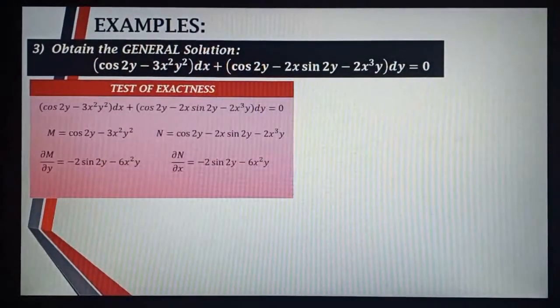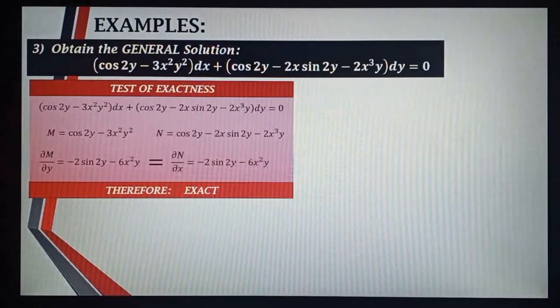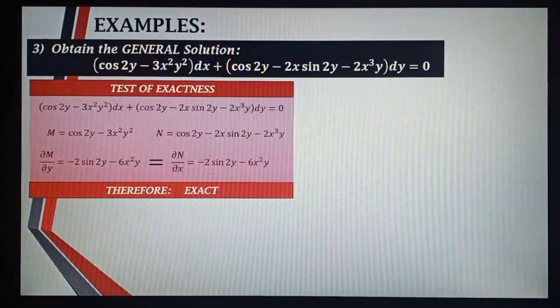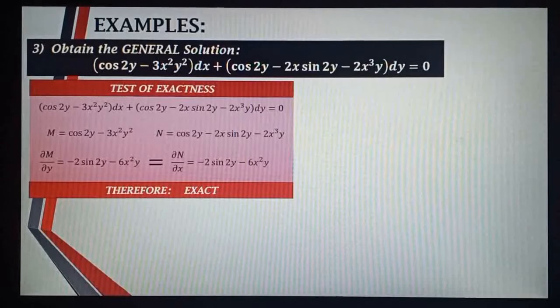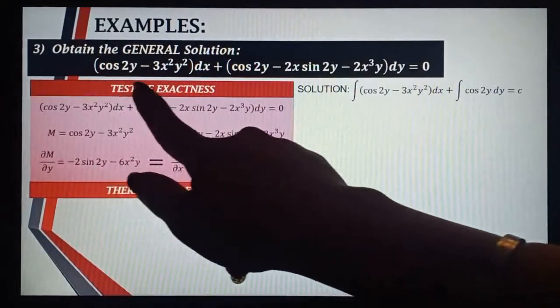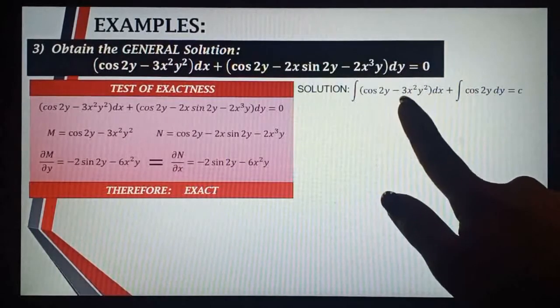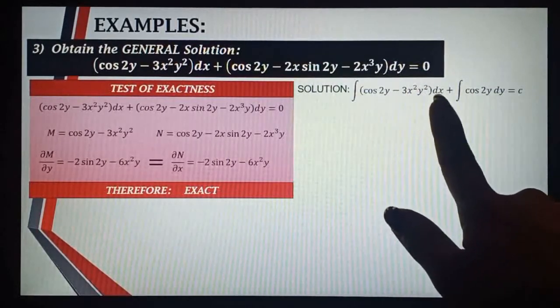Now, if you will notice, equal si partial ni M at si partial ni N, you will now have exact equation. So, let's perform the exact equation solution. Kukunin natin ng buo si first term, which is the quantity of cosine 2y minus 3x squared y squared multiplied to dx.